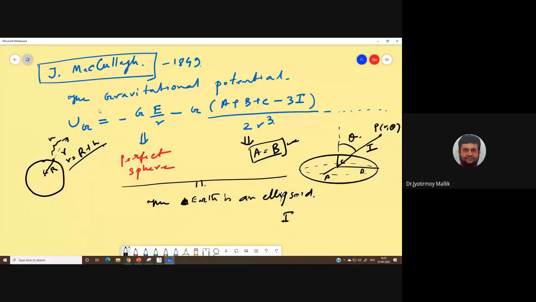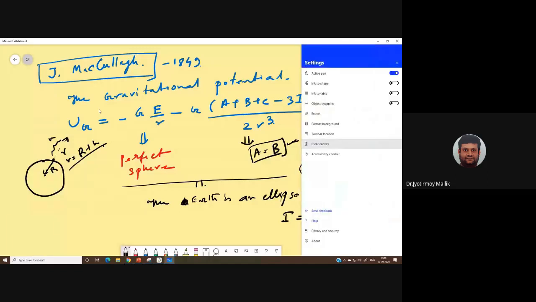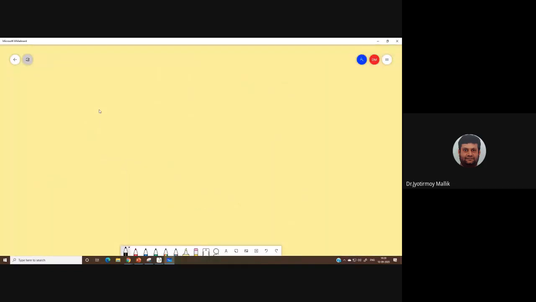Then I can be expressed as A sine squared theta plus C cos squared theta. We can further rewrite the equation as UG is equal to minus GE by r, that is for the perfect sphere, minus, replacing I in the polar coordinate system with respect to theta.